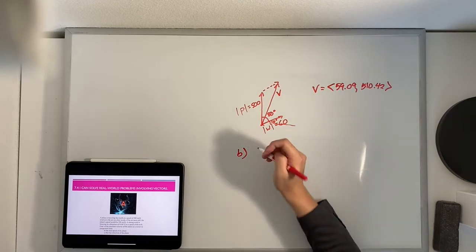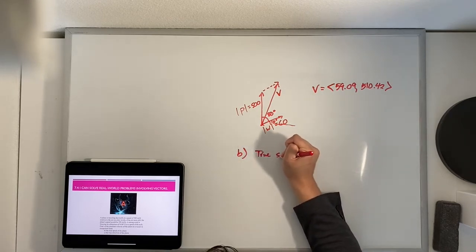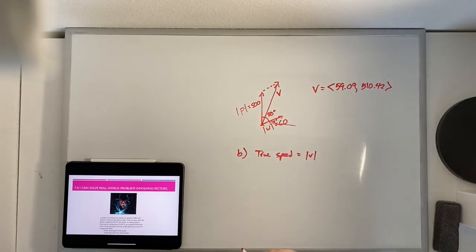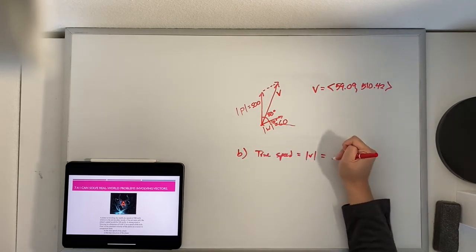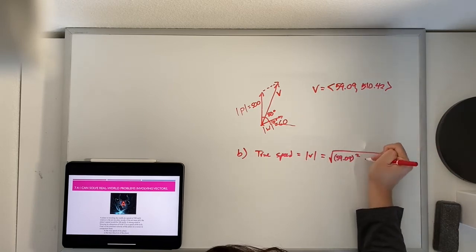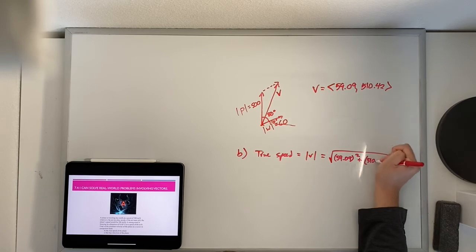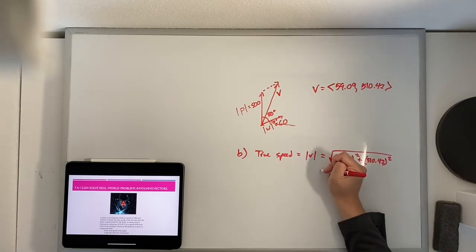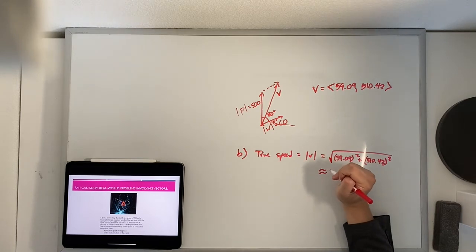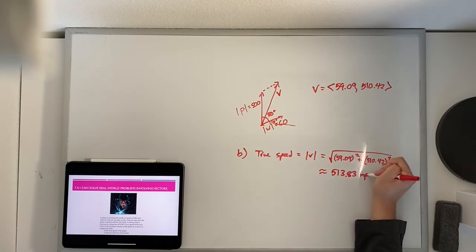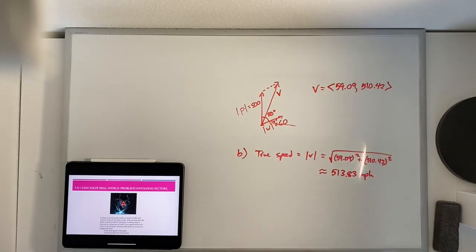So the true speed of the plane is going to be the magnitude of this true velocity, which is the square root of 59.09 squared plus 510.42 squared, the square root of a squared plus b squared. Using a calculator, we get its true speed as 513.83, and this is in miles per hour.